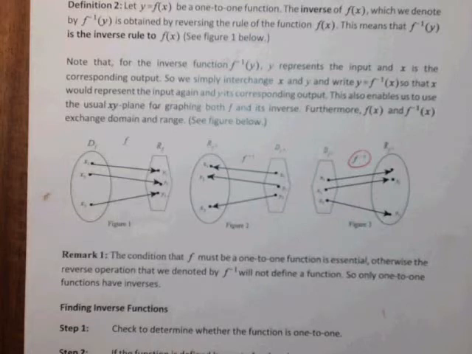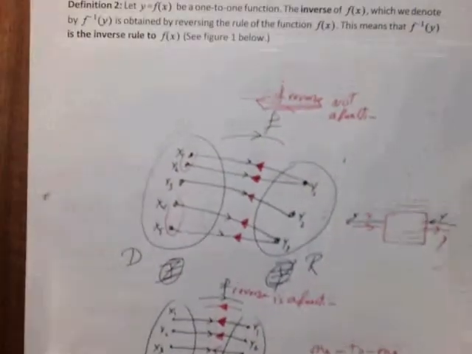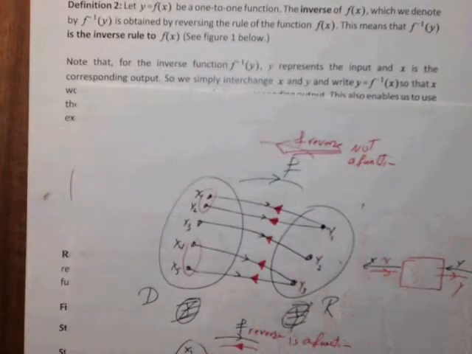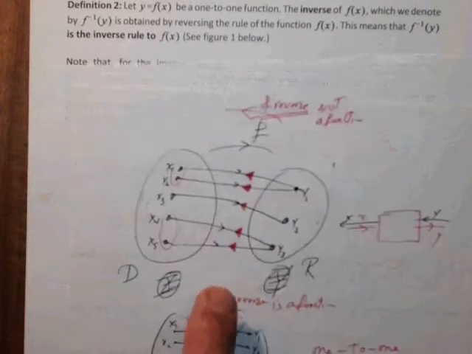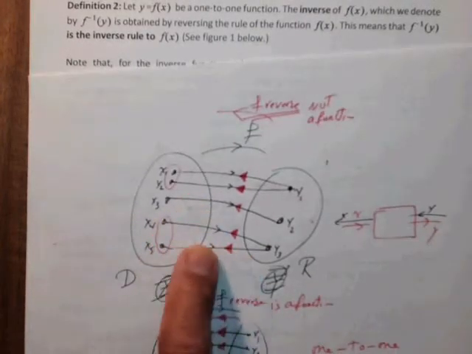The function has to be 1 to 1, otherwise the reverse operation will not be a function. Just like I said here, you can see one example. You have a function which is not 1 to 1.